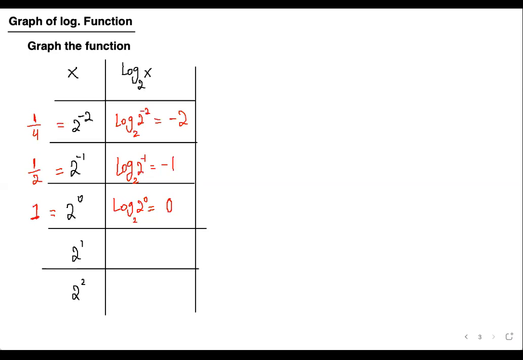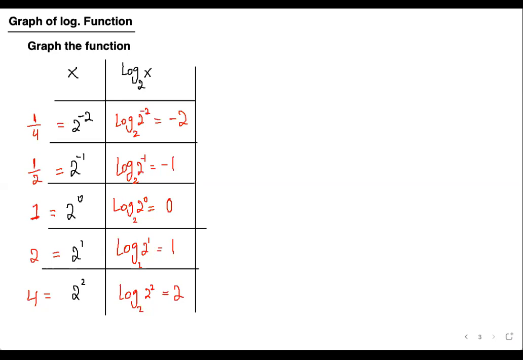Now the third one here, 2 to the power 1 is 2, 2 to the power 2 is 4. So the logarithm of 2 to the power 1 with base 2 is 1. And the last one, logarithm of 2 to the power 2 with base 2 is 2.